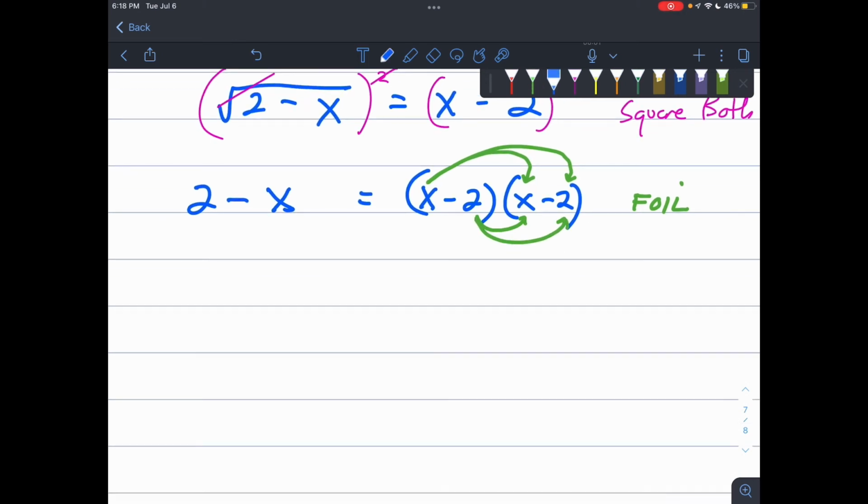So I'm just going to do that next. x times x, x times -2, -2 times x, and then -2 times -2. Negative times a negative is positive, and then 2 times 2 is 4.